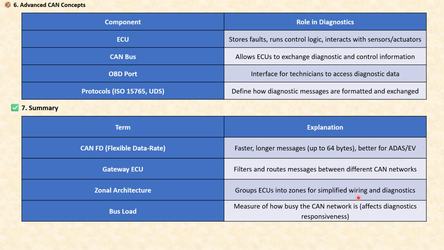Zonal architecture: groups ECUs into zones for simplified wiring and diagnostics. Bus load: a measure of how busy the CAN network is, which affects diagnostic responsiveness. All right, so I hope all of you got a clear idea about the CAN concepts in onboard diagnostics. Thank you.